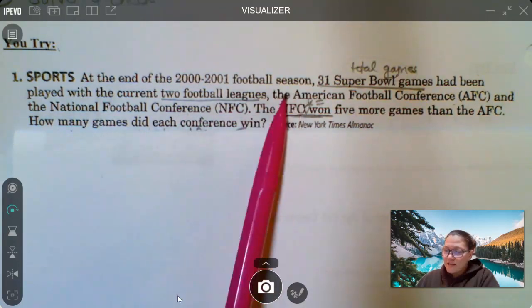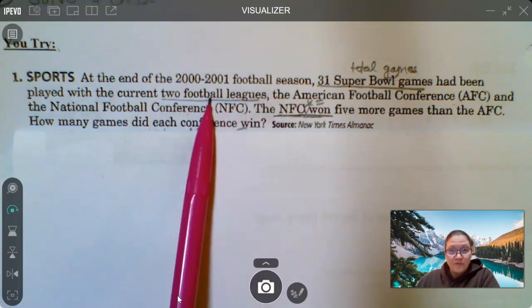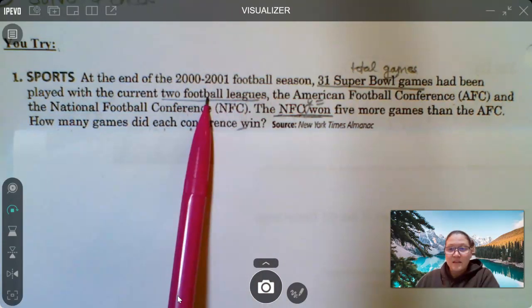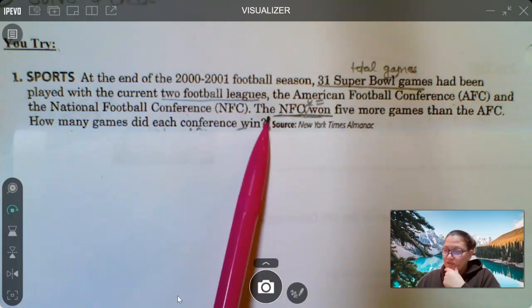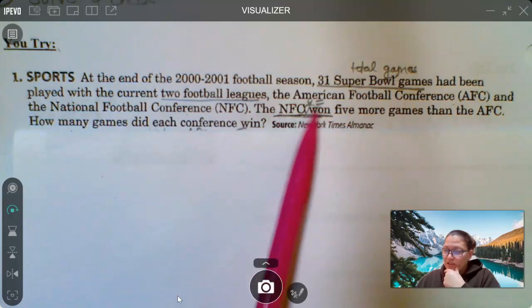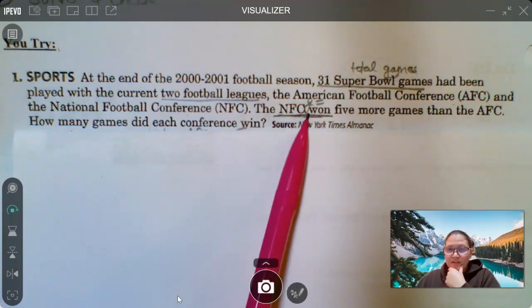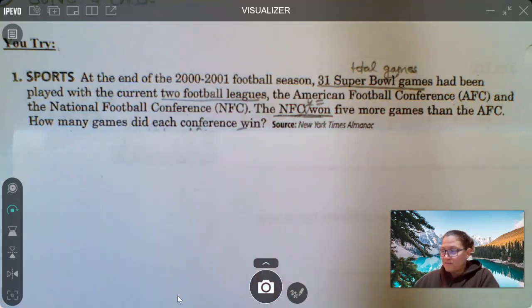These are what I have decided are my 2 variables because either the AFC has to win the Super Bowl or the NFC has to win the Super Bowl. So those are my 2 variables. And then my last sentence right here, it tells me how much the NFC won. So I know that this is the beginning of one of my other equations.